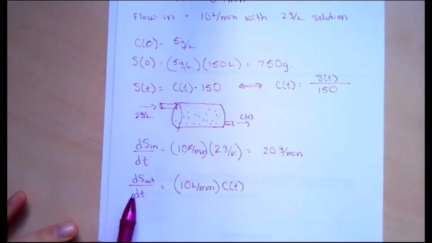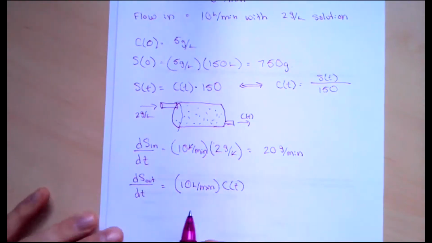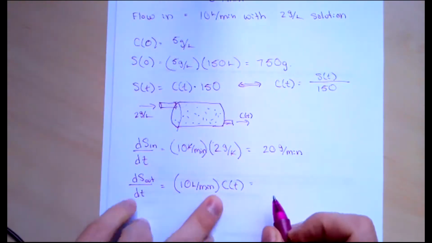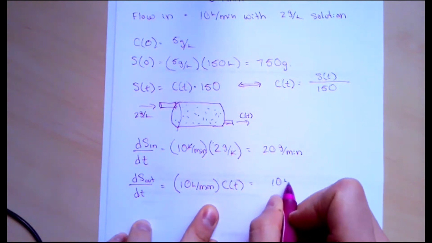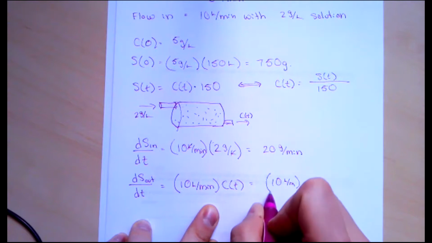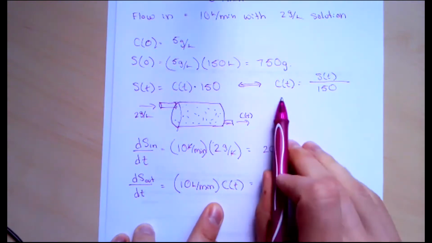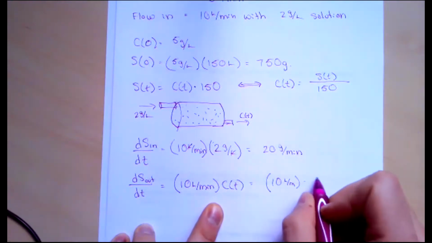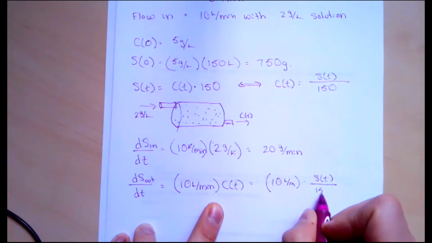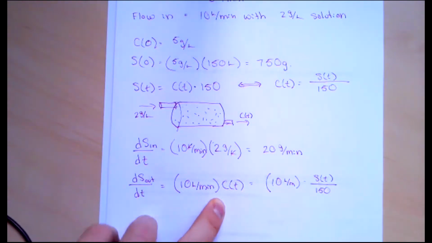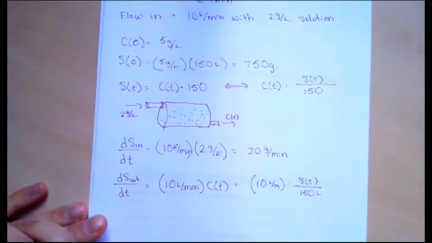Of course, we want a nice differential equation with our variables of S and T. So we can make our substitution for our C of T. And so we should get 10 liters per minute times the concentration at any given point in time, which is the total amount of salt at any given point in time divided by 150 liters.